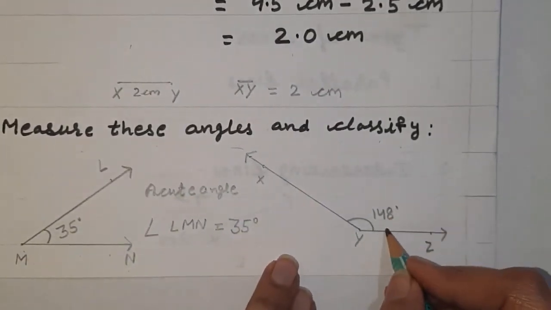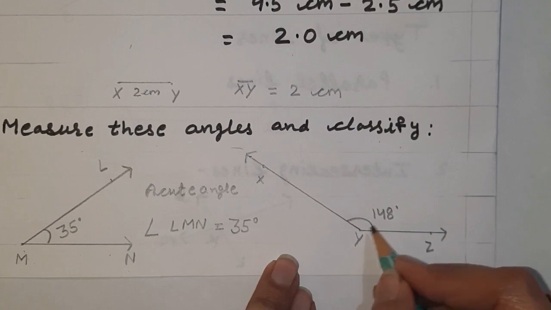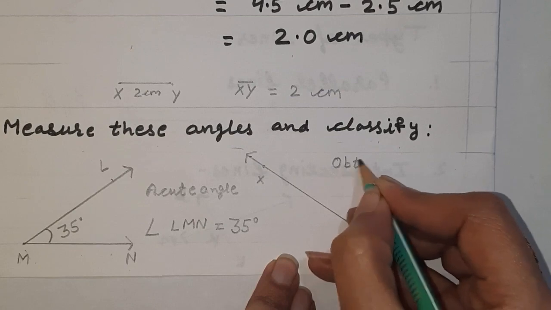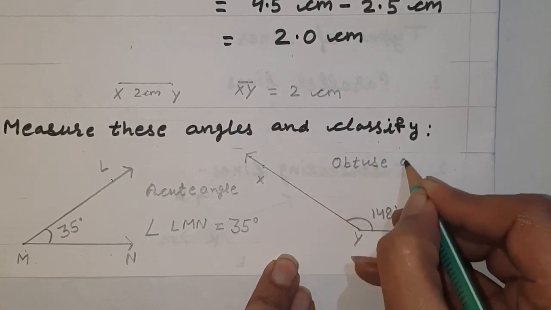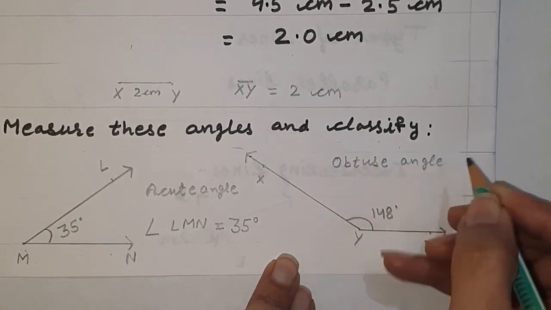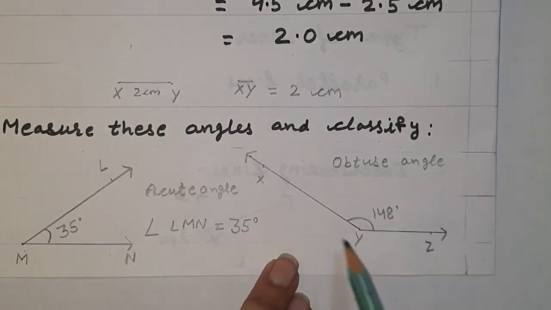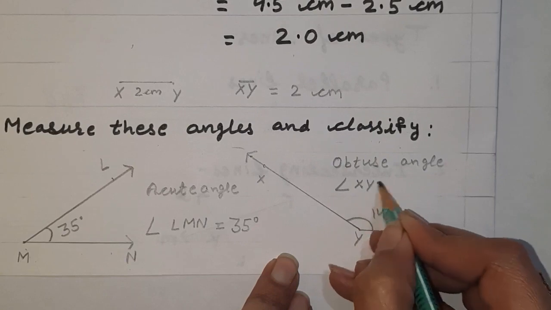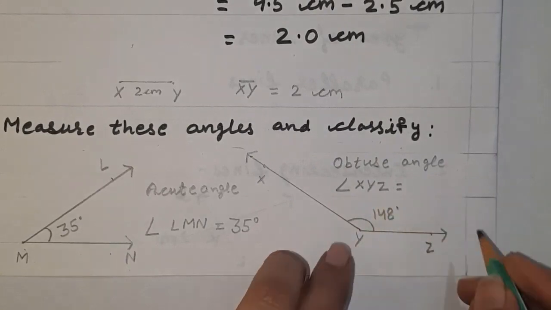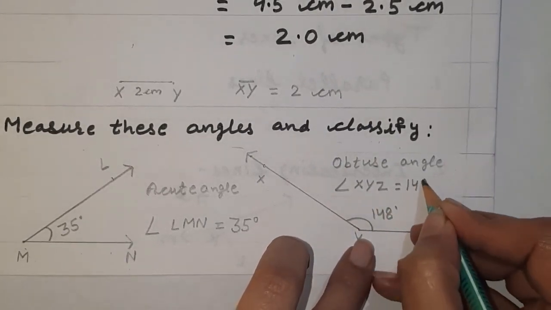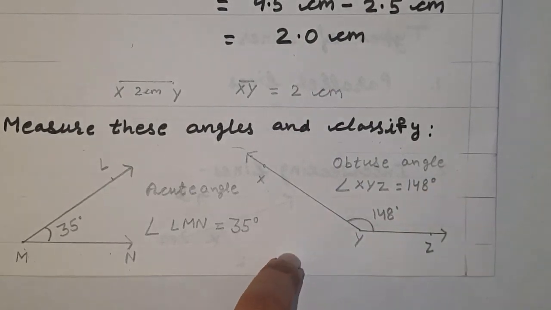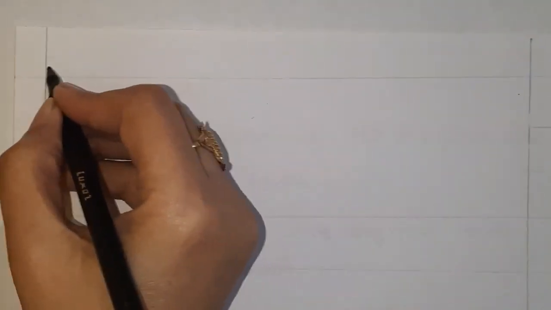This is 148 degree, more than 90, less than 180, obtuse angle. And name is XYZ. Angle XYZ is equal to 148 degree. Understood?